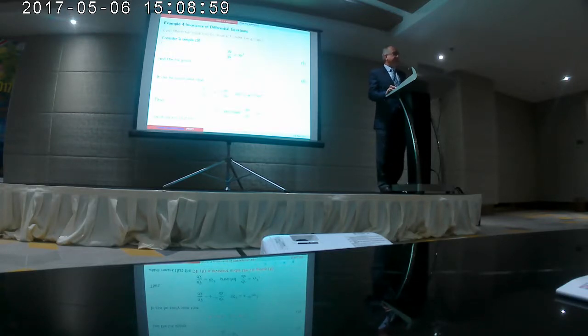Now, can differential equations be invariant under Lie groups? We consider a simple first order ordinary differential equation, and we consider the Lie group given by 6. It can be seen easily that dy bar over dx bar is equal to this, and x bar y bar cubed is equal to that.